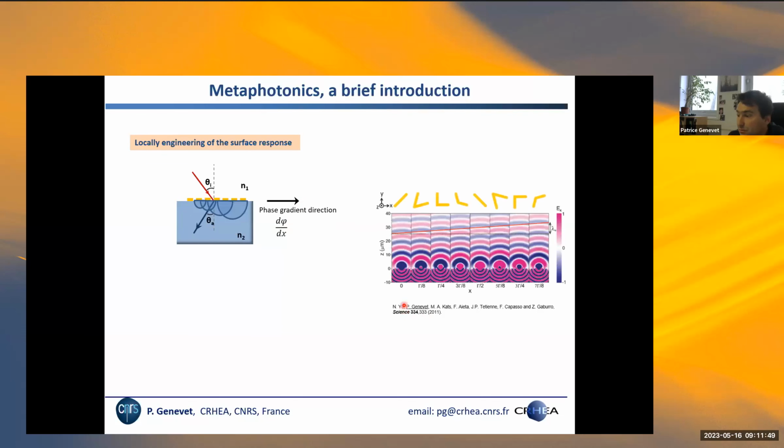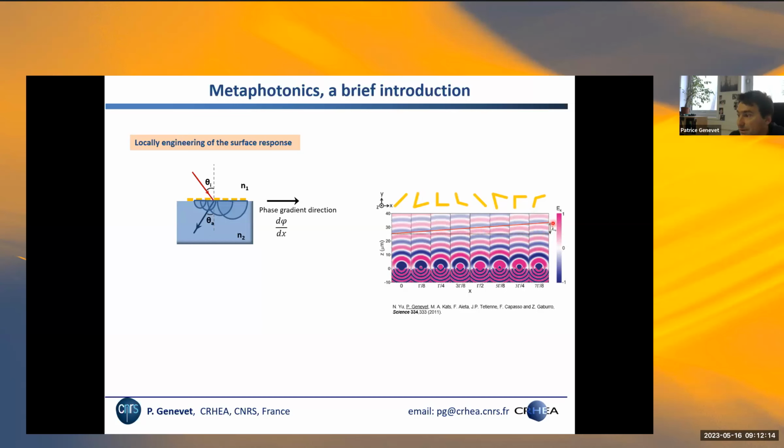This is what we showed back in 2011 when I was a postdoc in Professor Federico Capasso's group, using these metallic V-shaped antennas, where you see that the light transmitted in the forward direction varies from structure to structure, and between the first and the last element in this period, you have essentially a wavelength of phase delay, right?